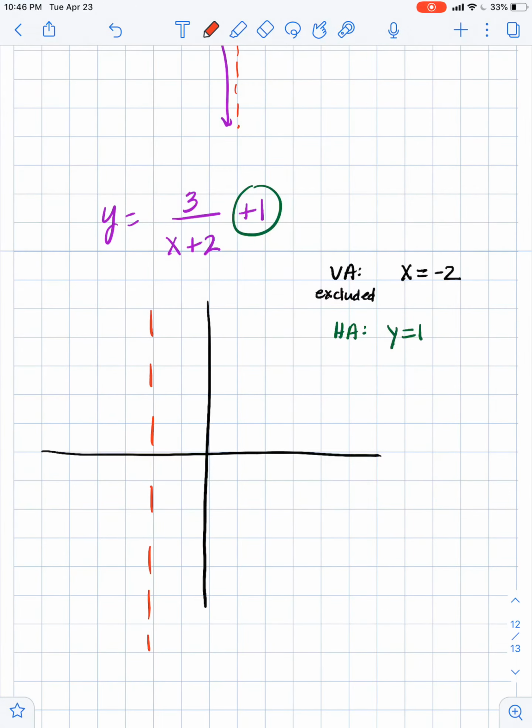So my asymptote is now at 1. Okay, now what's the graph going to look like? Okay, we know it's not squared, so it's going to sit in this quadrant and this quadrant. Is it going to hit 1, 1? The answer is no, it's not.